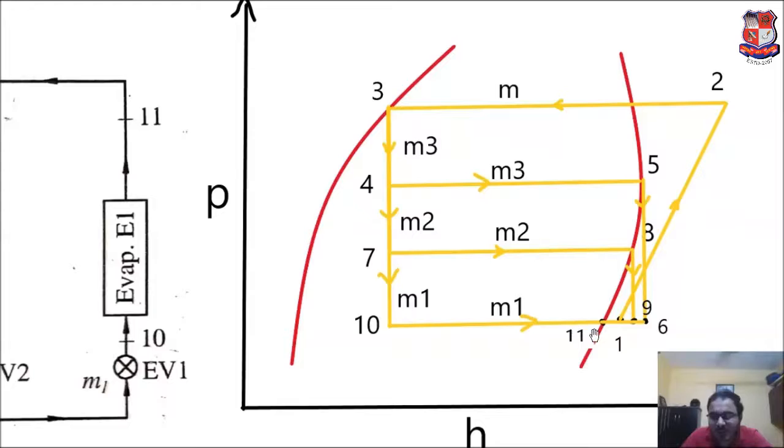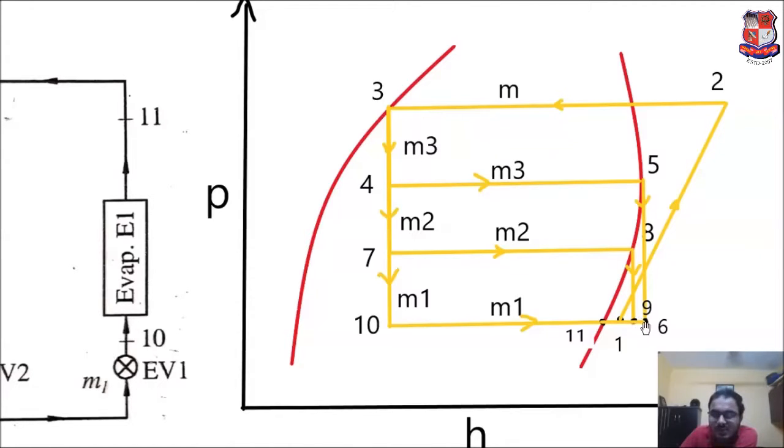So point number 11 is the exit of evaporator 1. Point 6 is the exit of the second back pressure valve, and point 9 is the exit of the first back pressure valve.